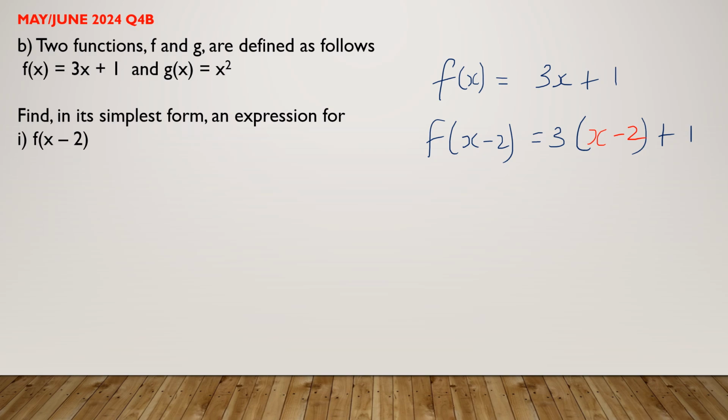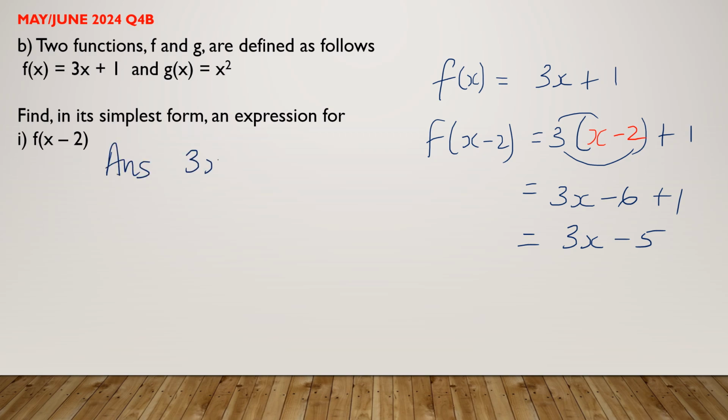That is going to give us 3 by x is 3x, and 3 by this 2 gives a minus 6, plus 1. So we're going to get 3x minus 6 plus 1, which gives me a minus 5. So the answer here is 3x minus 5.